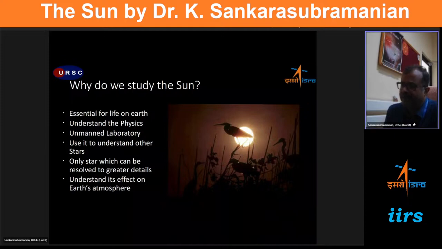For example, the cloud formation is somewhat indirectly related to the cosmic rays, and the cosmic ray modulation is indirectly related to the solar activity, the cycle of the sun's activity. So it does affect Earth's atmosphere, and to understand our own climate, the solar energy input is an important element to many of our solar models.